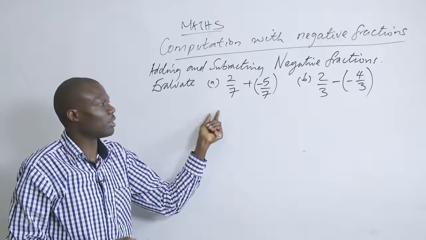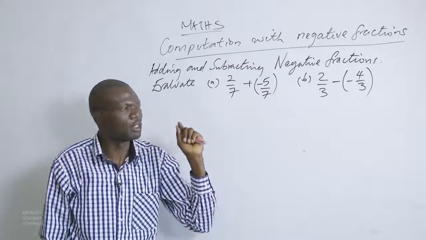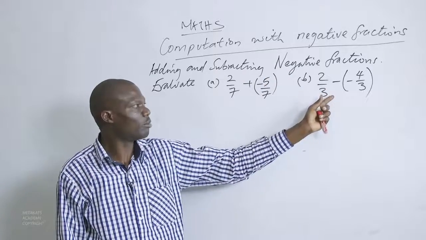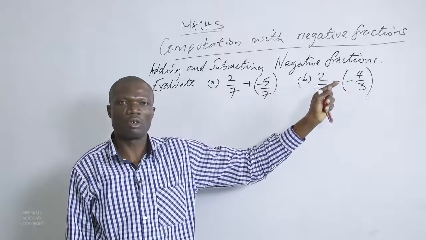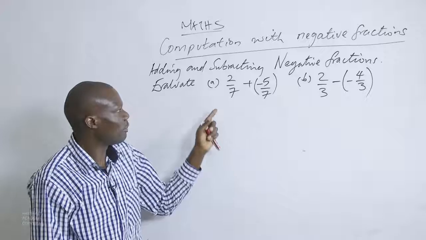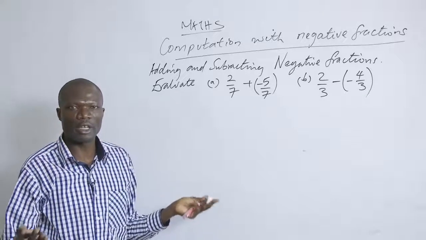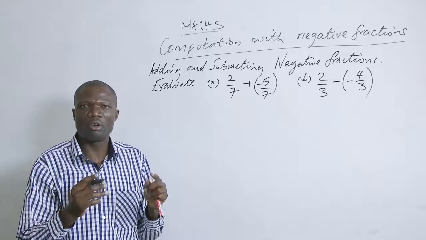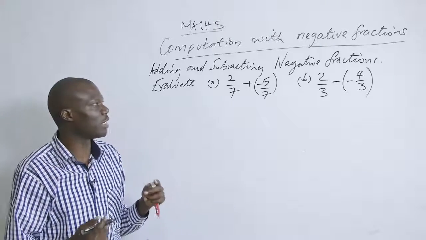Evaluate 2 over 7 plus negative 5 over 7. And B, evaluate 2 over 3 minus negative 4 over 3. For the first case here, we are going to apply the rule of fractions. We are going to apply the rule of when we are adding a negative number, what does it tell us?